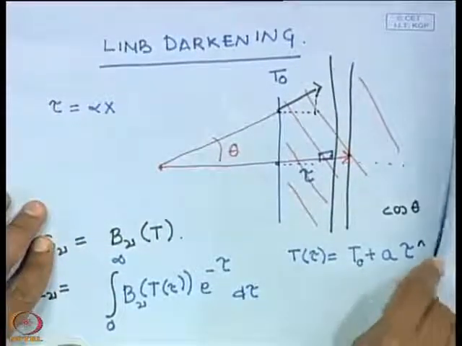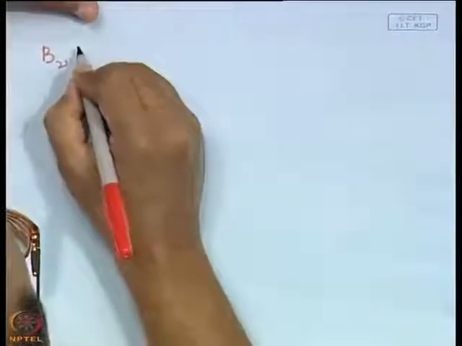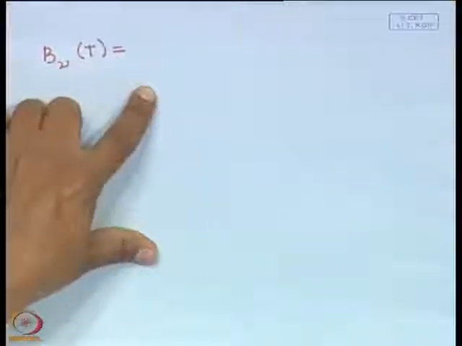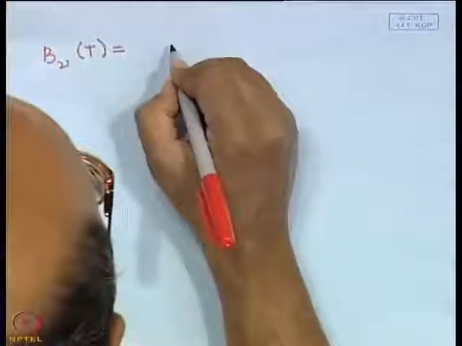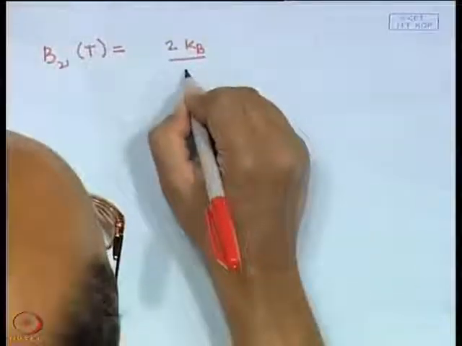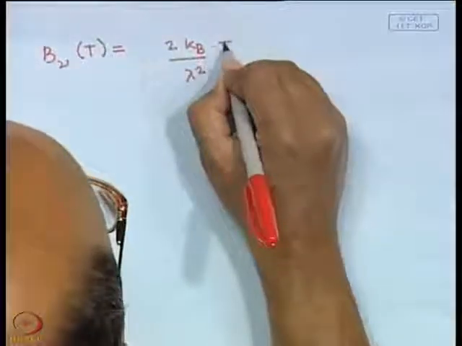Now we will simplify the problem to some extent. We will assume that we can describe it in the Rayleigh-Jeans approximation. In the Rayleigh-Jeans approximation, we can write the source function as 2 Boltzmann constant by lambda square into a temperature.